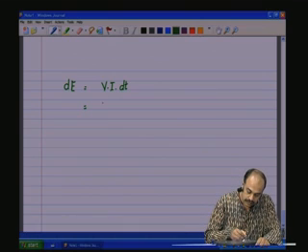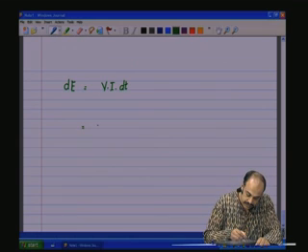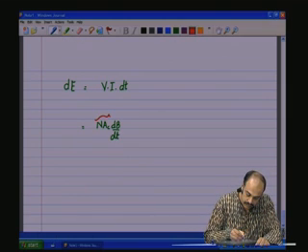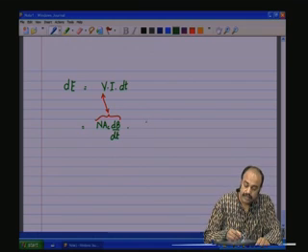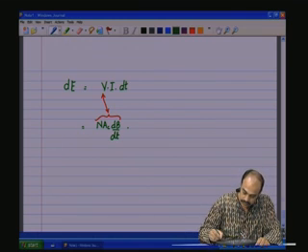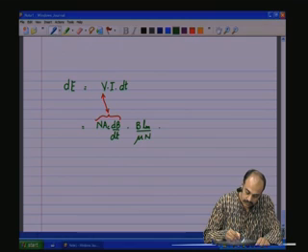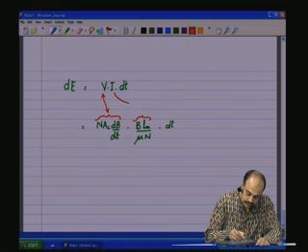The voltage is given by Faraday's law, which is N AC dB by dt, and I is given from Ampere's law, which is B Lm by mu N, into dt. This is equation 1, equation 2.